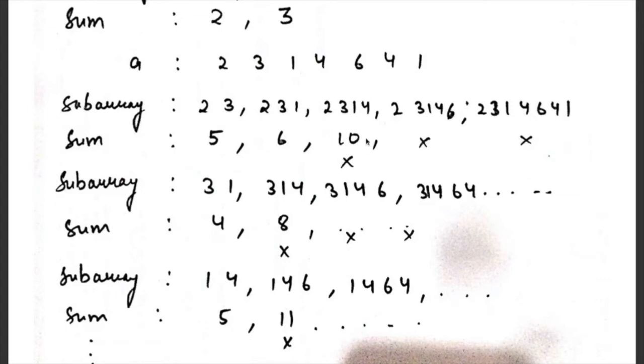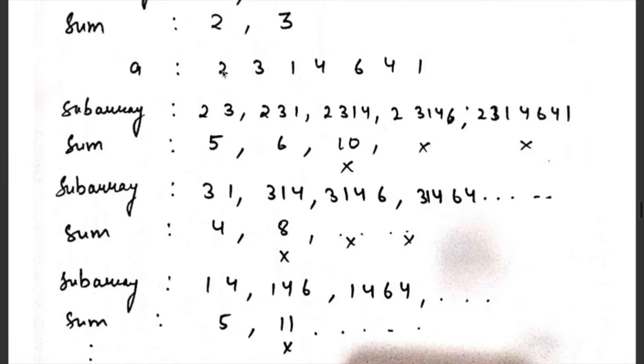If the sum is greater than n, then we will simply not calculate these subarray sums because they are useless, because all the elements present in A_i are less than or equal to n, so a subarray whose sum is greater than n should not be considered. After considering the first element, let's fix our second element and find all the subarrays as we have calculated in this step.